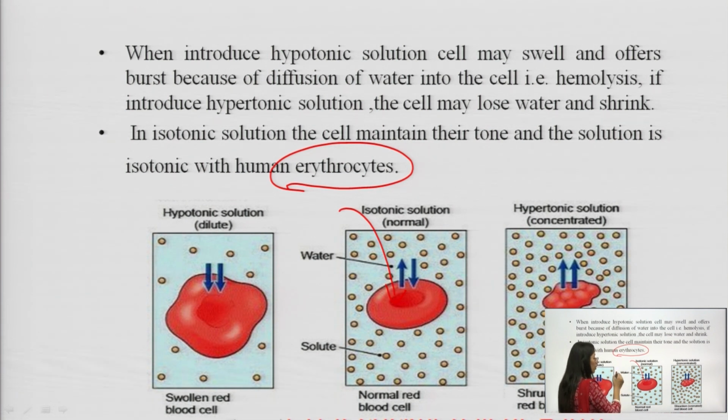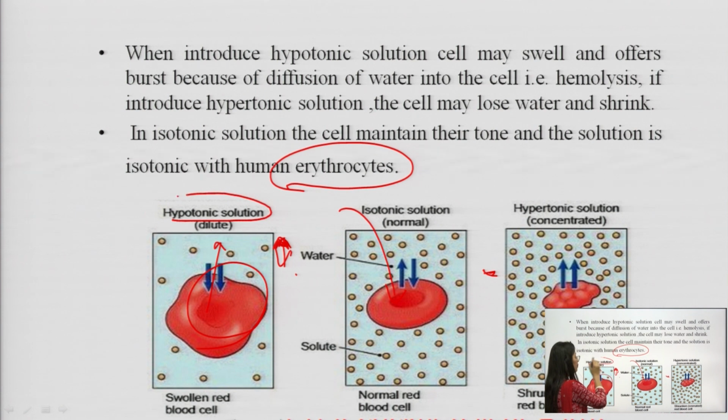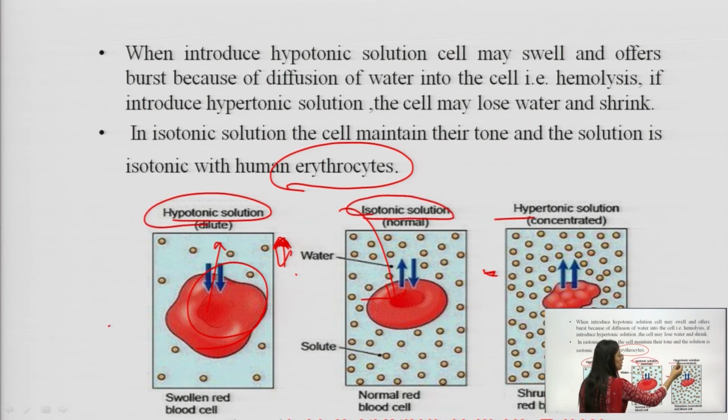If your parenteral product has a high osmolarity, it can cause shrinkage. If it has a low osmolarity, it can cause swelling. If the RBC swells, it is called a hypotonic solution. If it is the same, it is called isotonic, and if it shrinks, it is called hypertonic. These need to be adjusted very well.